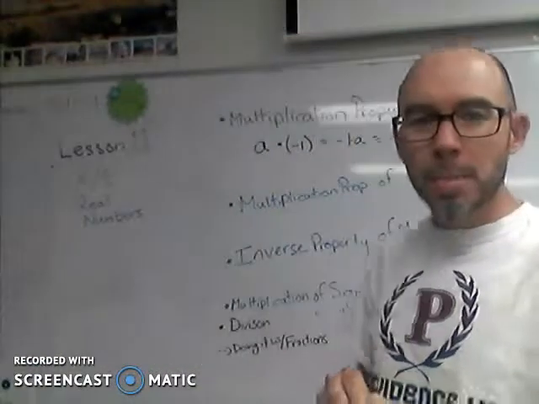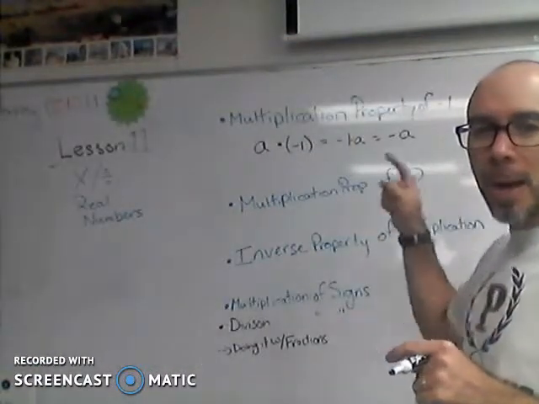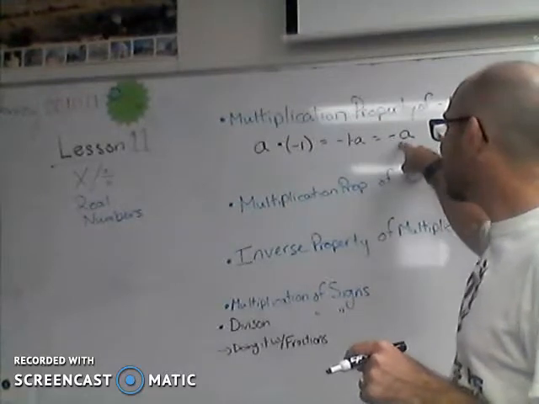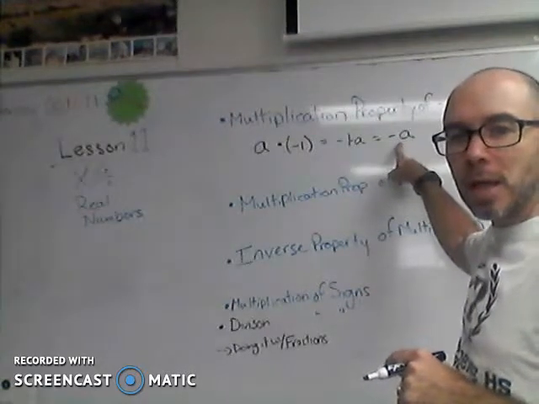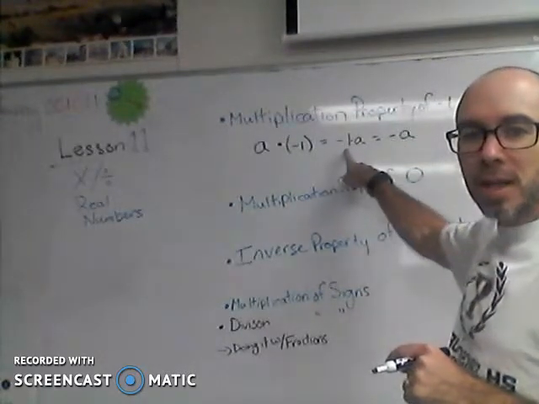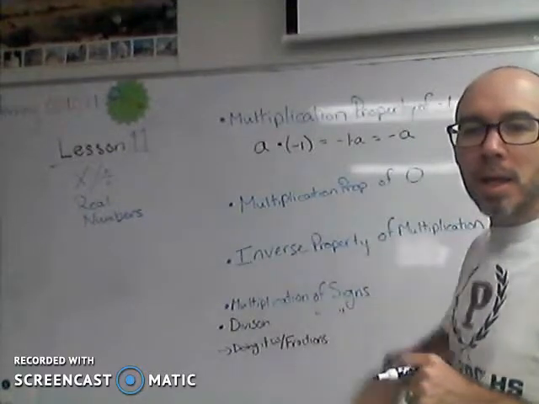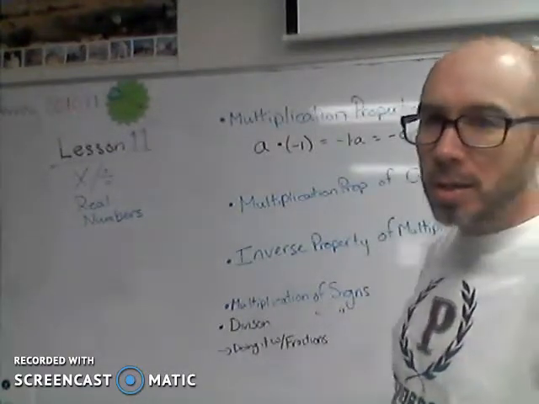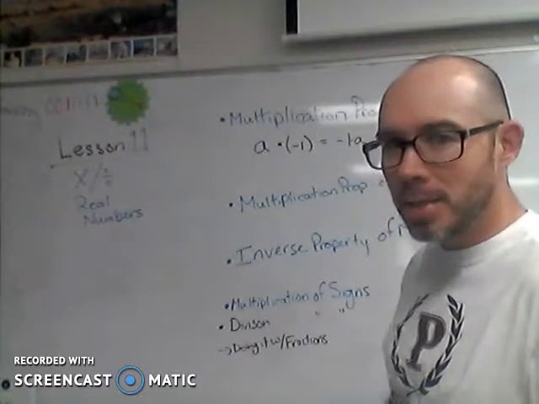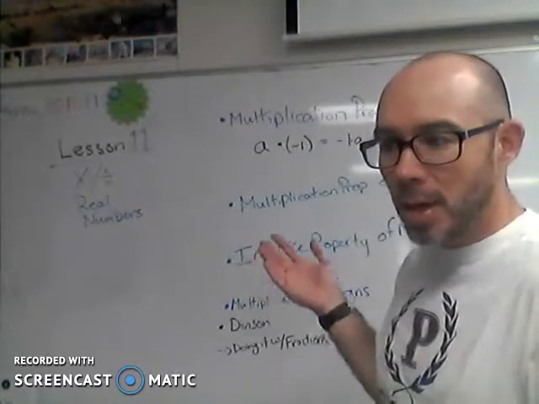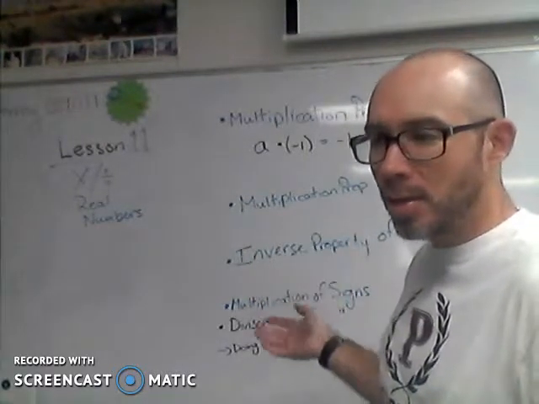So if you multiply something by negative 1, you can just get the negative version of that number, whatever that number is. But I want you to think about this backwards too. If something is written as negative a, you could also write it as negative 1a. That might come in handy as you're trying to combine terms, and you just have an a and another a and another a.